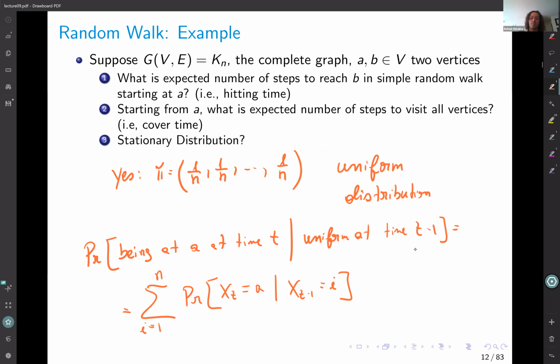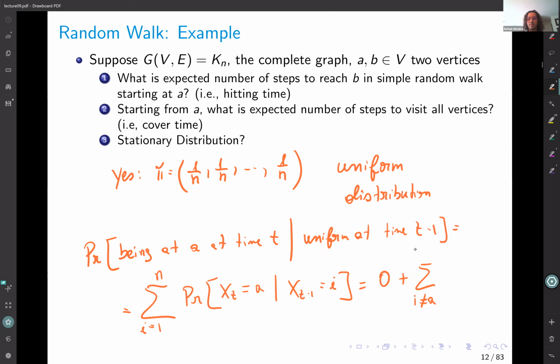But what is this probability? If i equals A, this is 0. So this is 0 plus, for all the other vertices, the sum over i different from A.